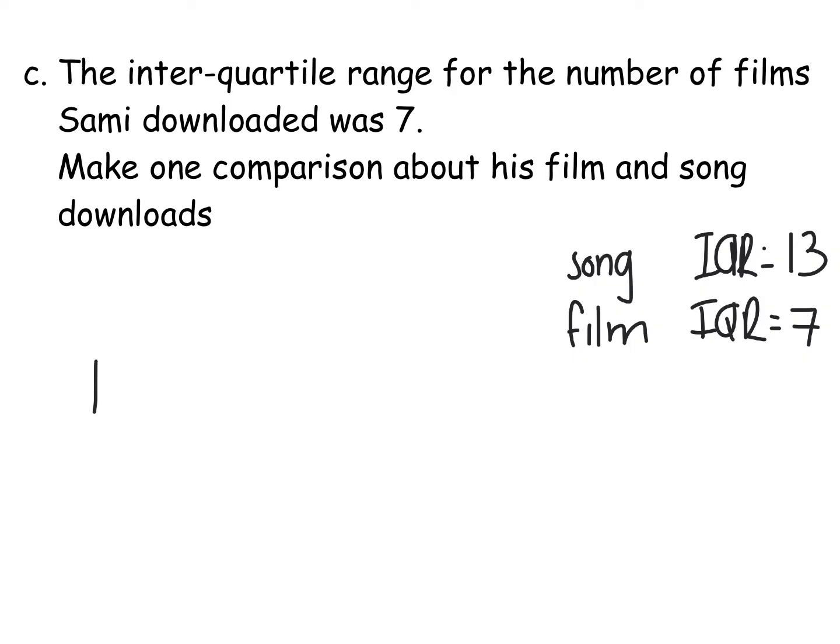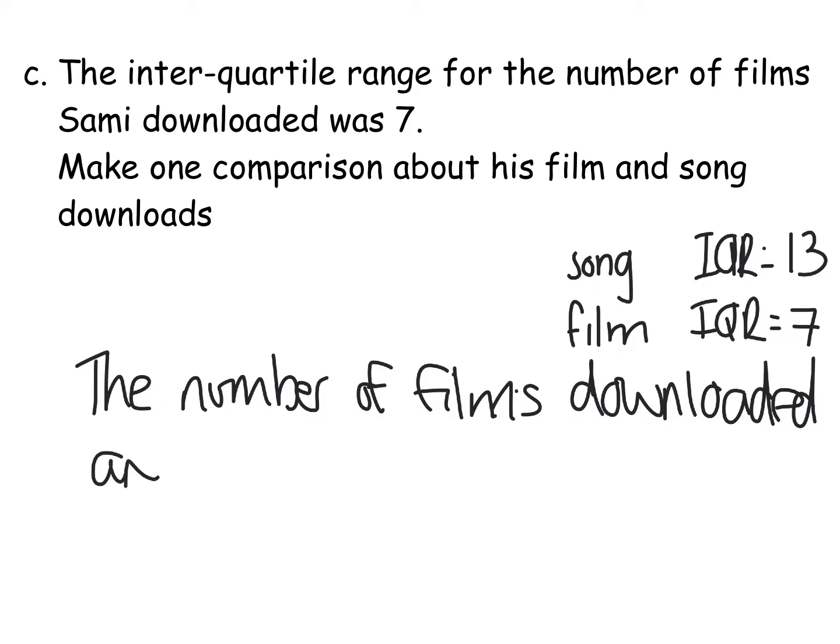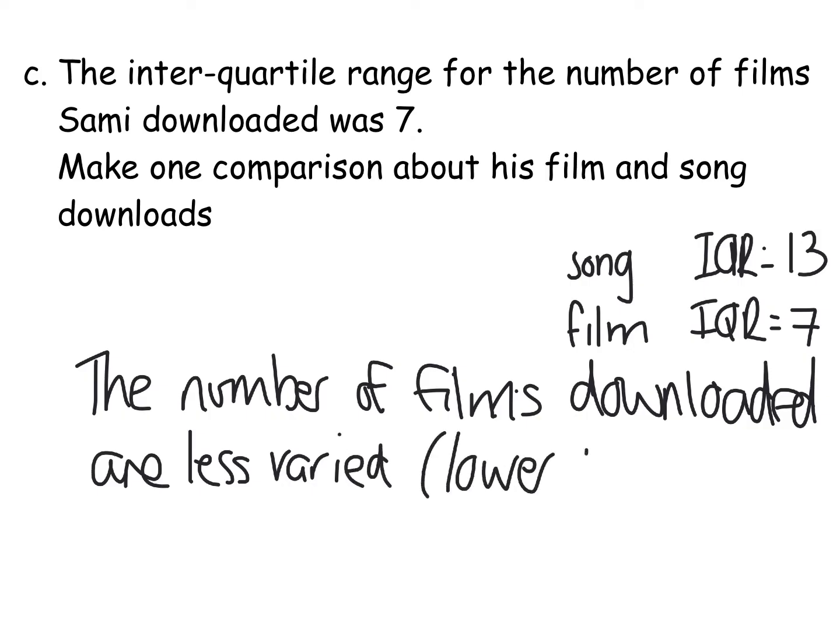So my sentence is, the number of films he downloaded. So the number of films downloaded, so I'm clearly talking about what the question mentions, are less varied. And the reason is that it had a lower interquartile range.